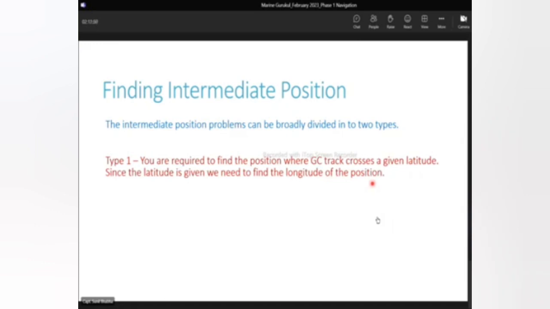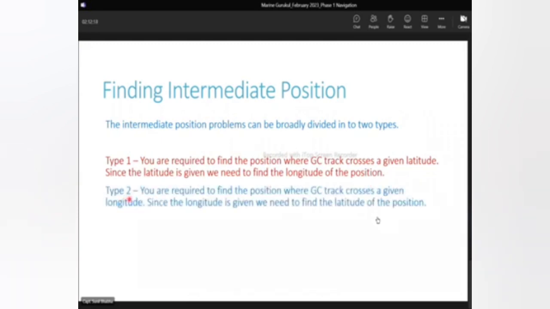They will give us the initial position, the final position, and an intermediate latitude, and they will tell us to find out what is the position where the great circle track crosses that particular latitude. Now in type 2 questions, you are required to find out the position where the great circle track crosses a given longitude.